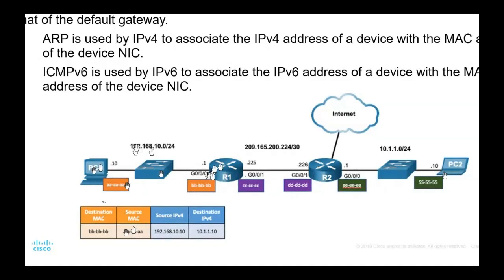Remember how we look at layer 2 on the LAN? When it gets to the router, it decapsulates it and throws it away and starts looking at the source and destination IP addresses and determines from its routing table that this is on a remote network over here, and then forwards it here.